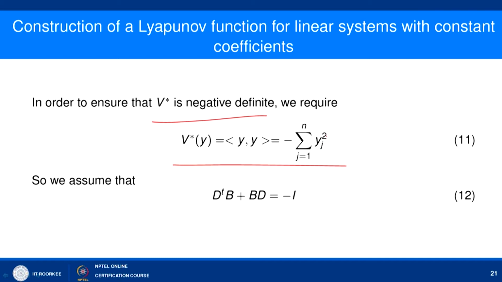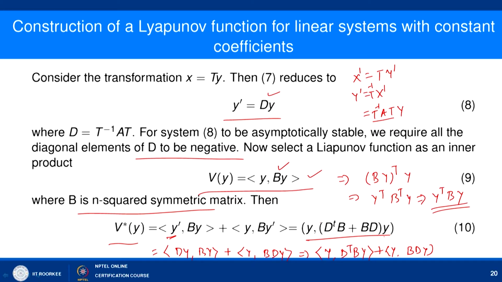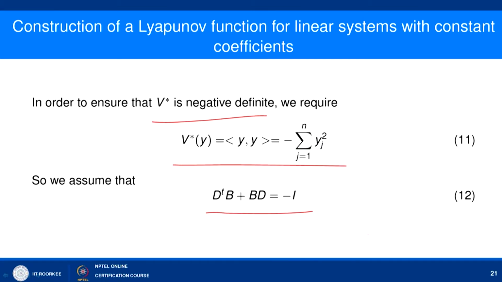This can be achieved if we assume that D transpose B plus B D is equal to minus I. If this is minus I, then this is nothing but y inner product with minus y, and hence it is minus the sum over j equal to 1 to n of y j square, and hence it is negative definite. So, V by definition is positive definite and V star is negative definite, and it means that the 0 solution is going to be an asymptotically stable solution.